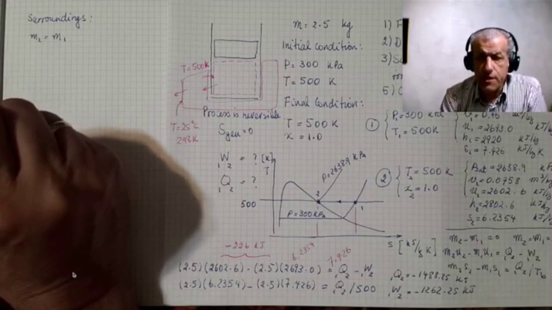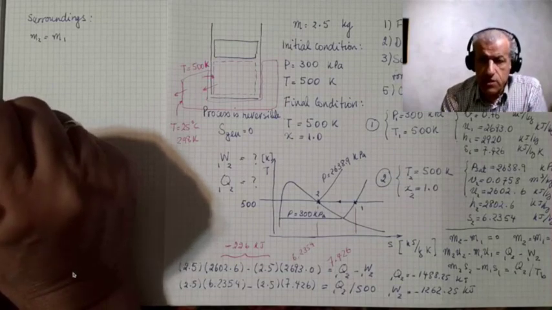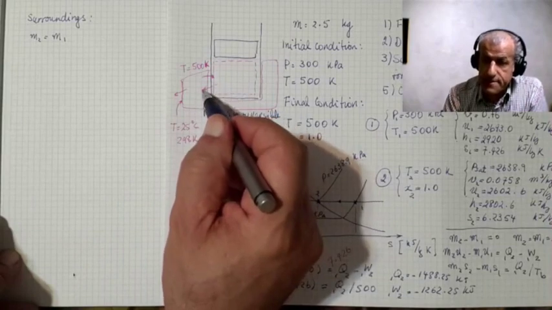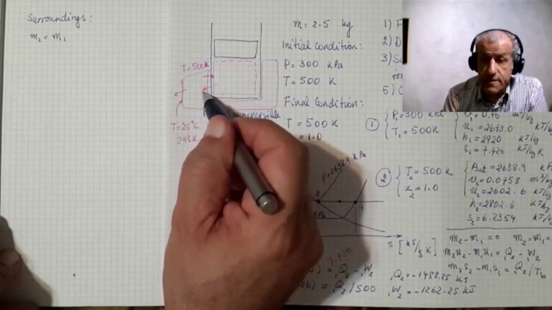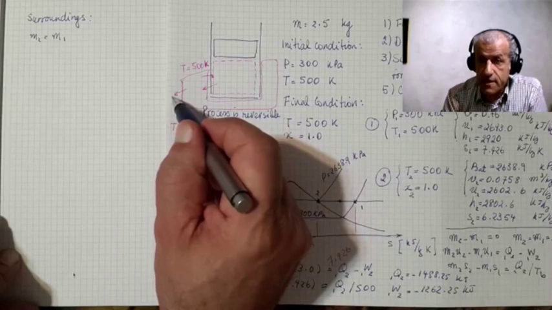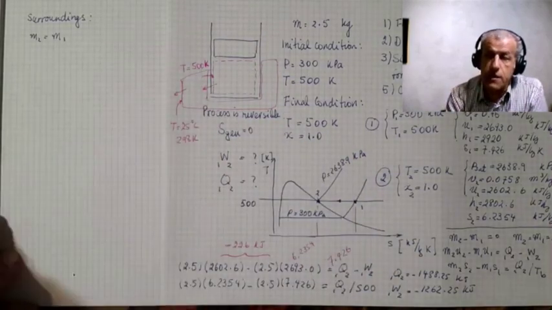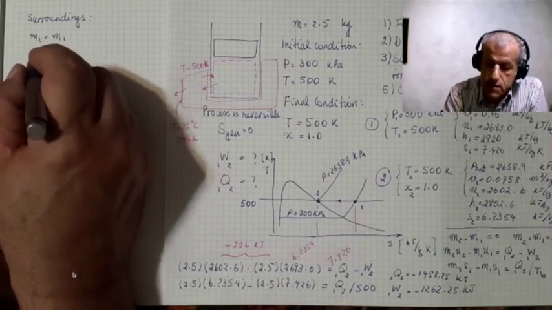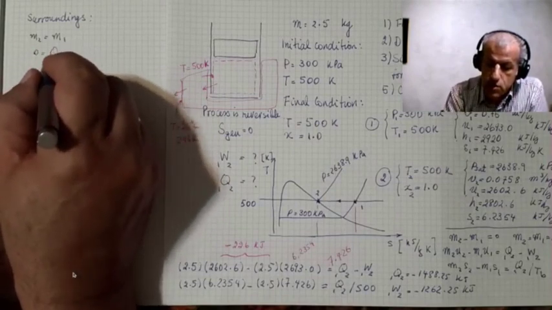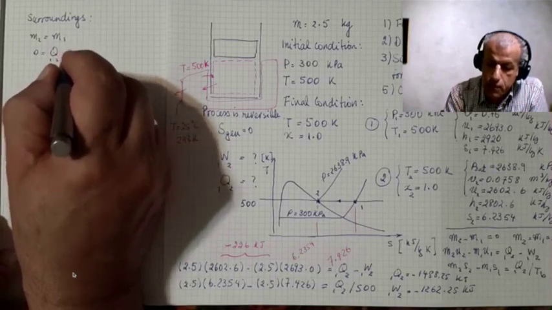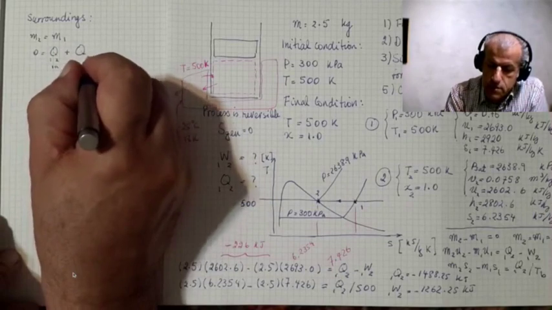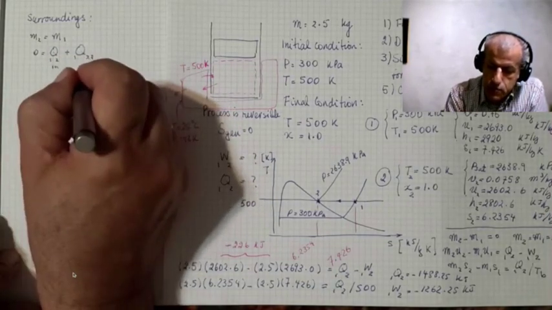The energy inside it doesn't change. Any heat that enters the surrounding from the cylinder just leaves it through the other boundary, to the larger surrounding. So 0 would equal Q12 in plus Q12 out.